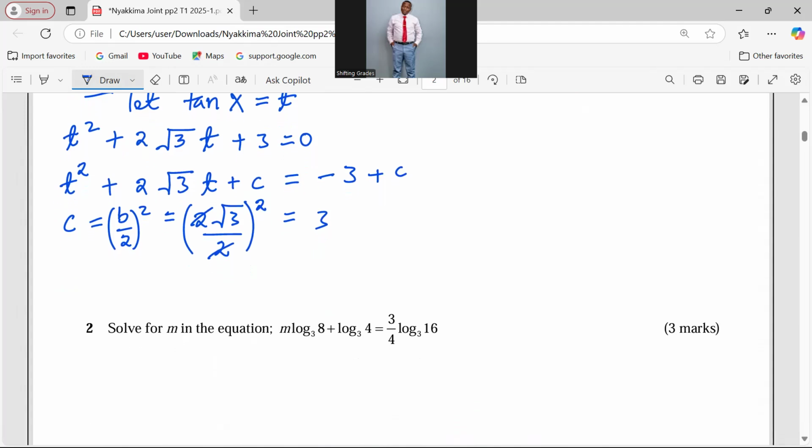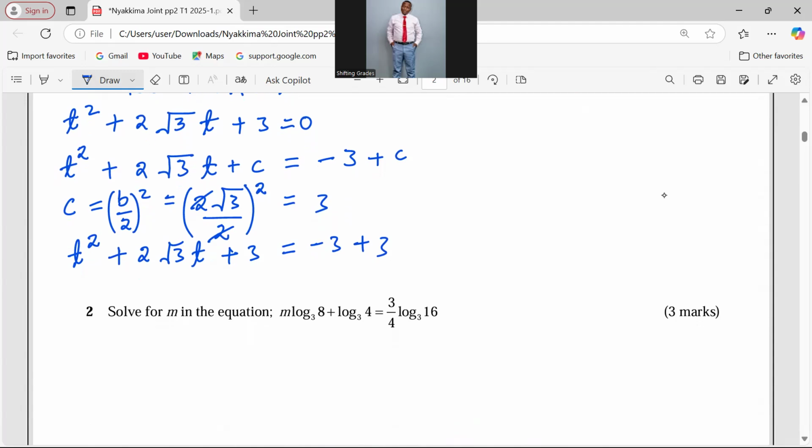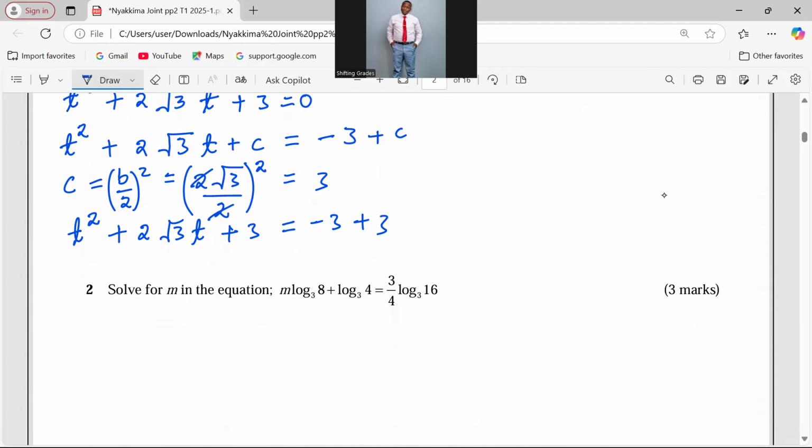So t squared plus 2 root 3 t plus 3 equals negative 3 plus 3. Therefore, now we can finish up by simplifying the left-hand side.